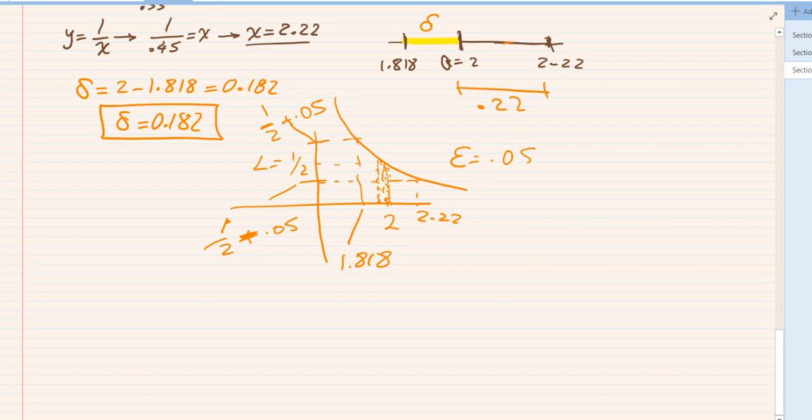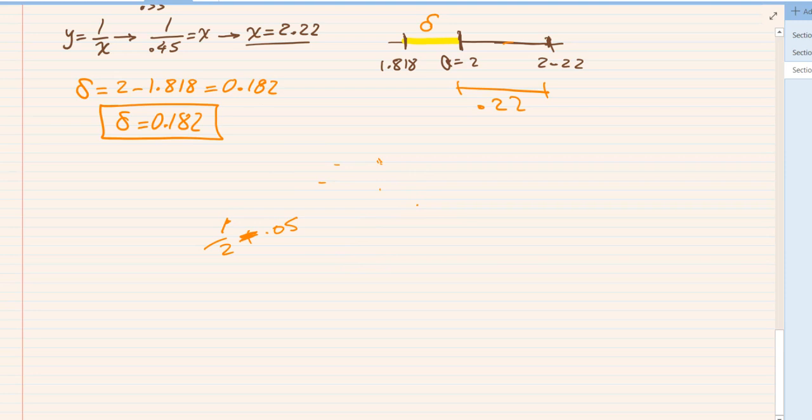Notice I'm actually much closer to 2 than being 0.182 away from it. So once we determine the value of delta, anything smaller than that value of delta will also work. We just found a single delta, but anything less than that will work. Let me now go to Desmos.